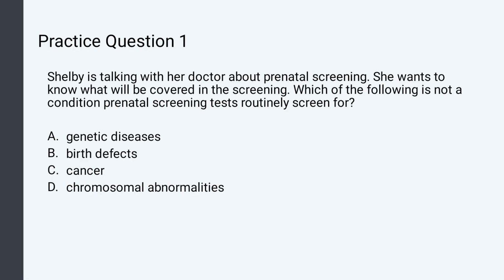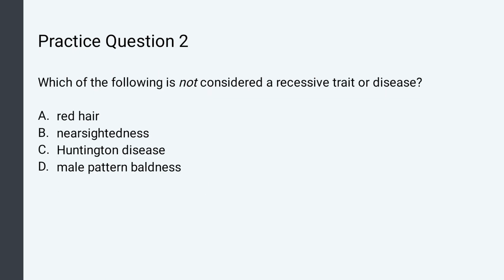Genetic disease, birth defects, cancer, chromosomal abnormalities. You have 3 seconds. So the answer is C, cancer. Prenatal screening is not made for detecting cancer. It is made for genetic disease screening, birth defects, chromosomal abnormalities, but not cancer.